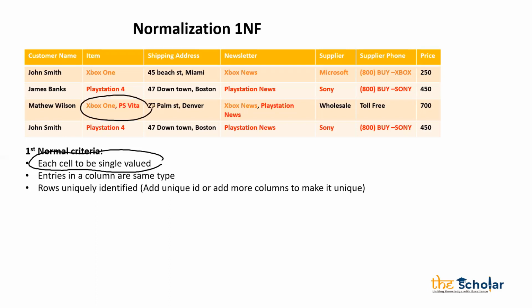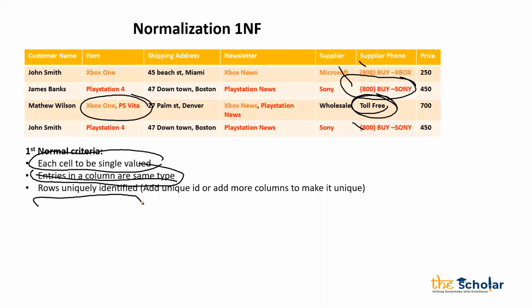Second, entries in a column are of the same type. What does that mean? Do you see here? Here I have the phone numbers, but at the same time I have a different value as well. These are the phone numbers, but at the same time here I have toll free as well. So values are not of the same type, right? So values should be of the same type.